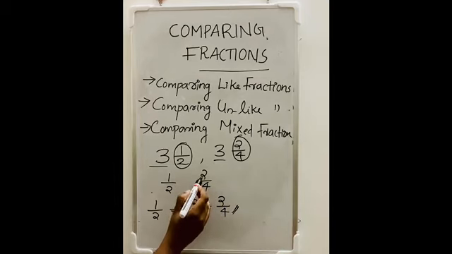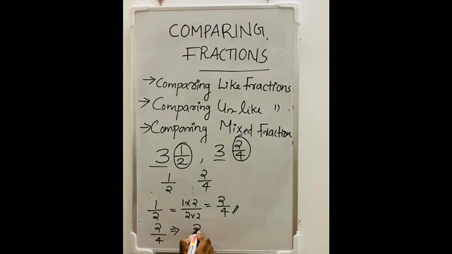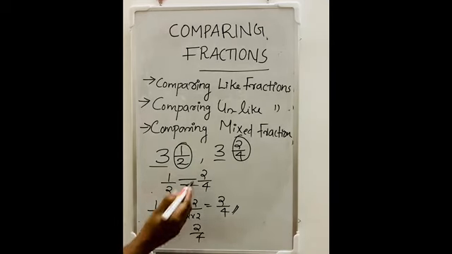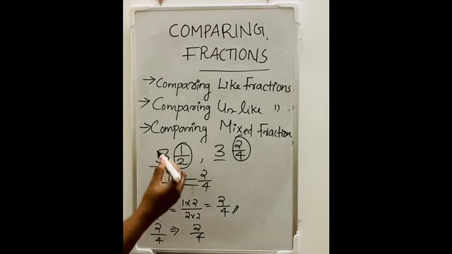The next one is 2 by 4, and we don't have to change the denominator because it's already 4. It will be 2 by 4 itself. These fractions are actually equal, so we can put an equal sign. You can follow the same method to compare mixed fractions.